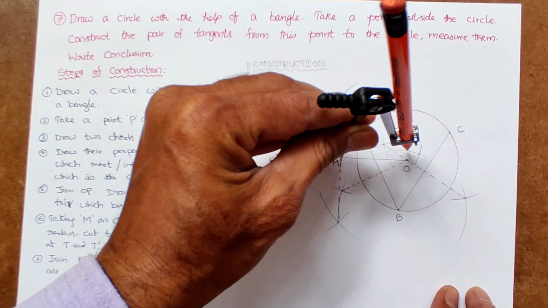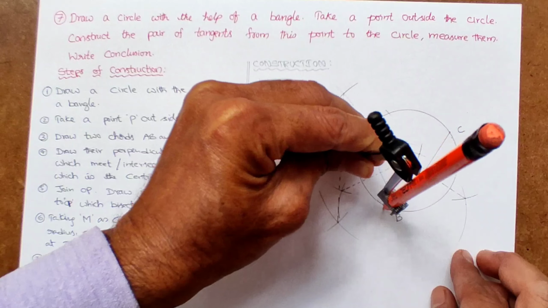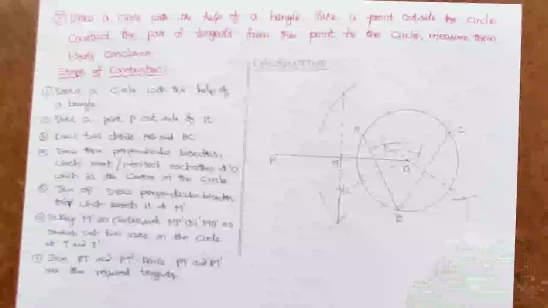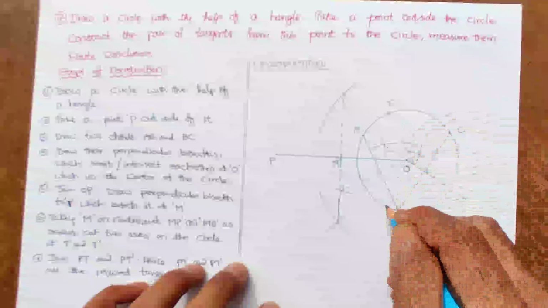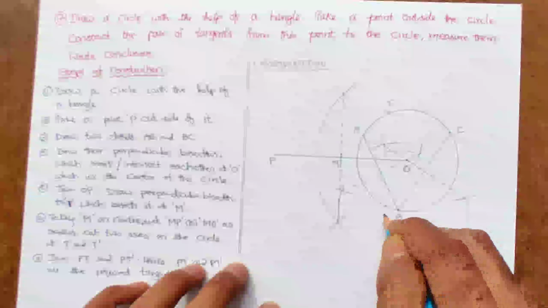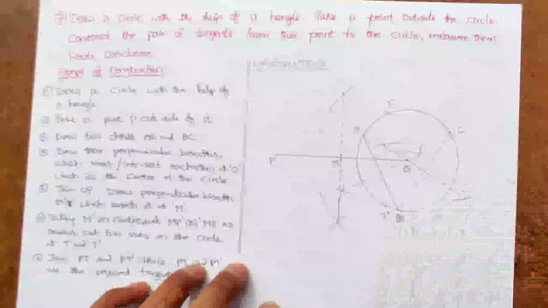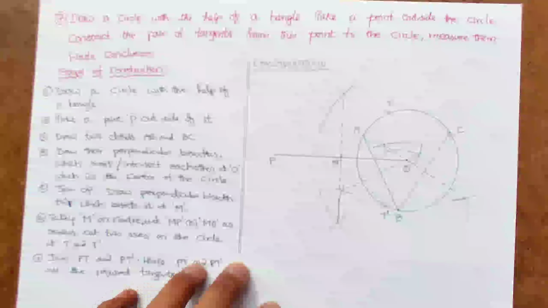Here is one arc and here is another arc, and let us label this point as T and this point as T dash. So now let us join PT and PT dash.